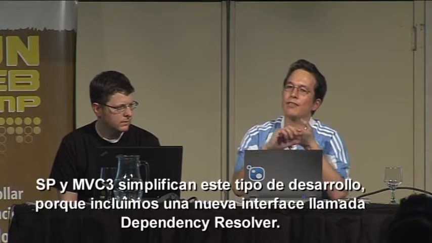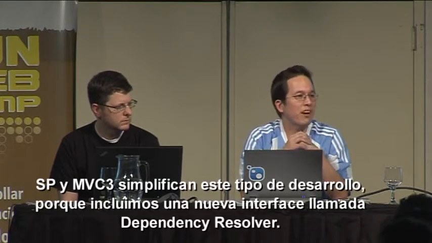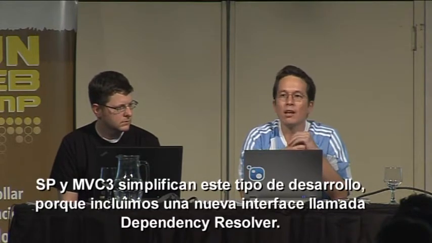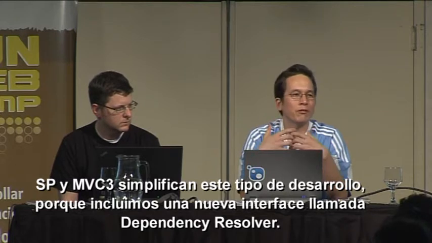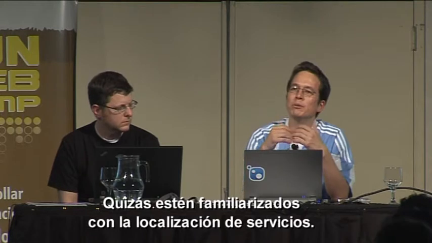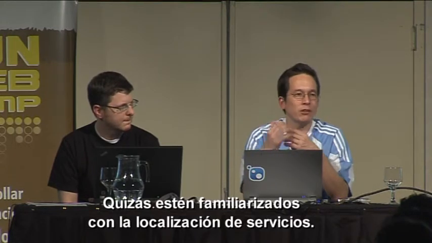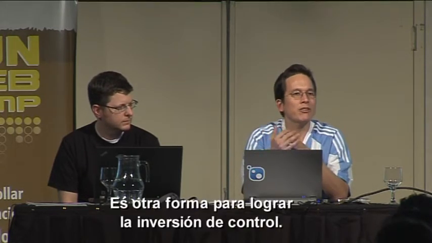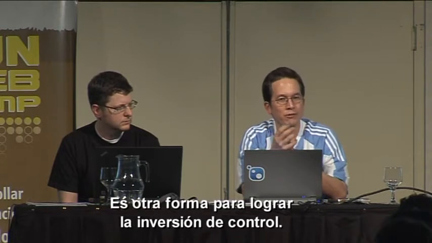So this style of development is simplified by ASP.NET MVC3 because we included this new interface called the IDependencyResolver. And if you're familiar with it, service location is another way of achieving inversion of control.